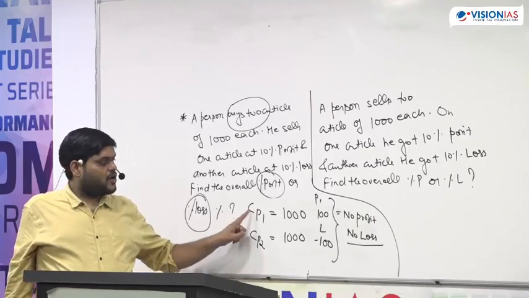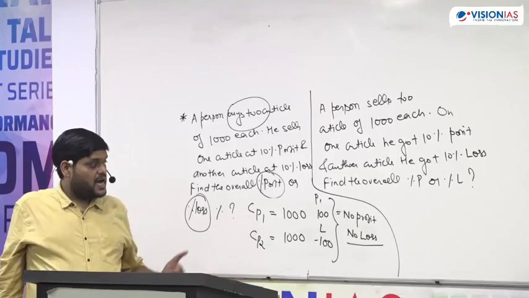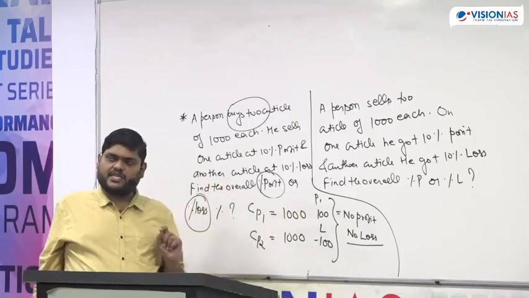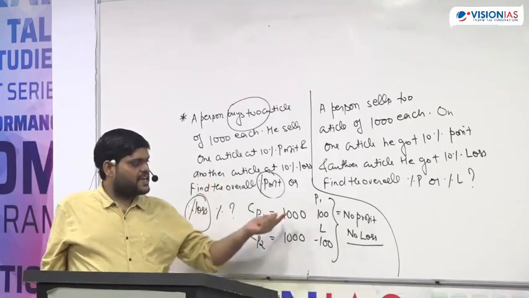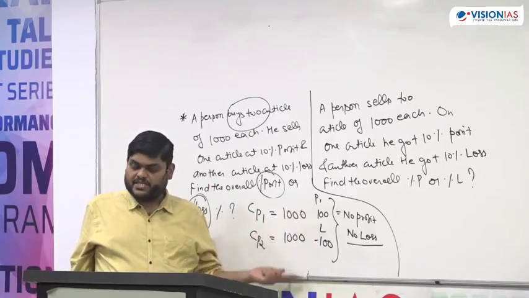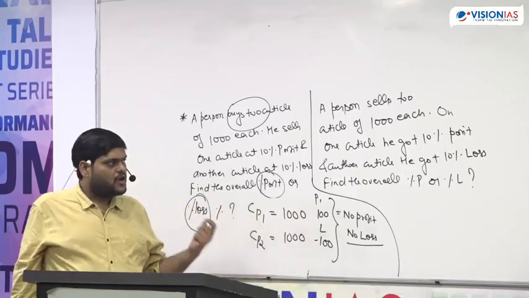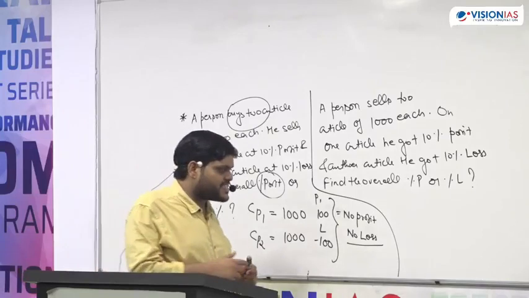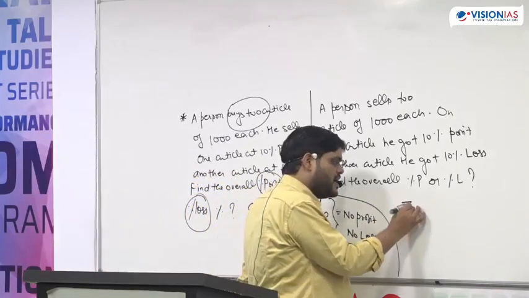Because the cost price is given to us, and we have been given the percent of profit and percent of loss. So directly we can find out the percent of profit or percent of loss. Is this making sense or not? Now come to the second part.